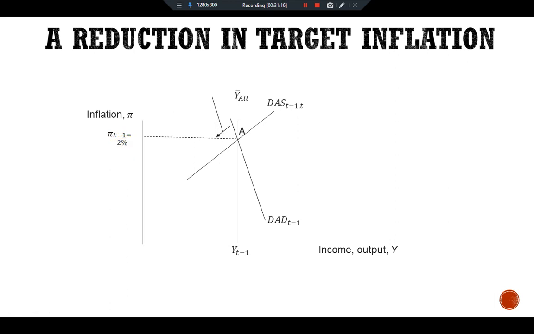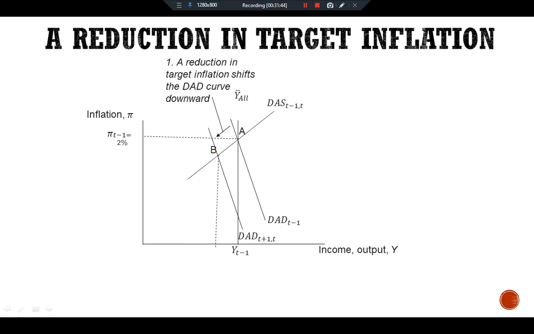Okay, we have here a reduction in target inflation shifting the dynamic aggregate demand curve downward. So we have a new dynamic aggregate demand curve, DAD t plus 1. Okay, this new dynamic aggregate demand curve will intersect the supply curve at point B.